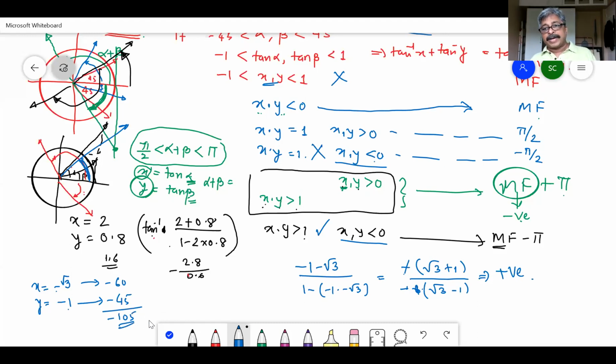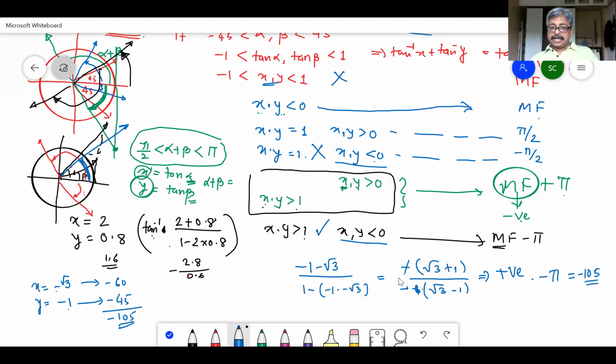You are looking for minus 105 angle, and whatever angle you get here, you have to subtract pi from it, then only the answer is going to be minus 105.